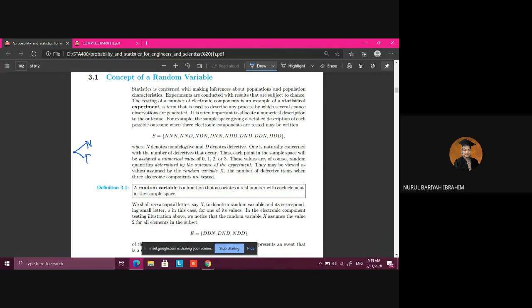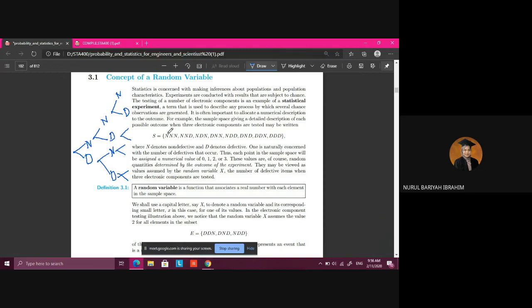Either we get a defective or a non-defective electronic component. Okay, the second experiment, N, D. So the third experiment should be N, D also. Here it must also be there, three times, because it is done three times. N, D. Okay, here N, D, N, D, N, D, N, D. It does not fit there, so do it here.